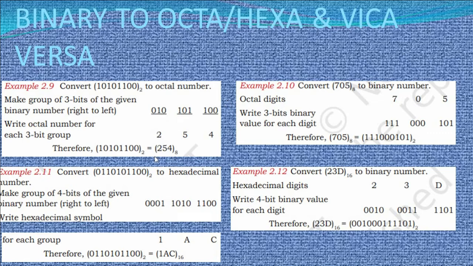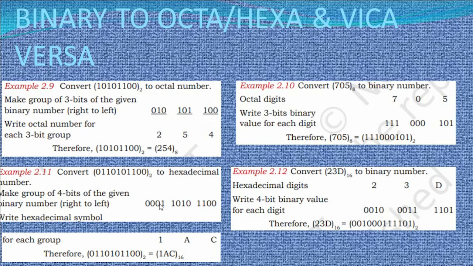For hexadecimal, we group them in fours. One group will be 0011, the second group is 0101, and the last group becomes 10. But since we want to group them in fours, we add two zeros, because 10 and 0010 are the same.